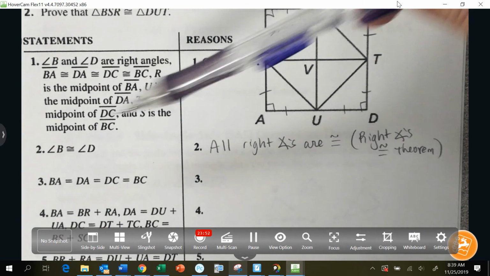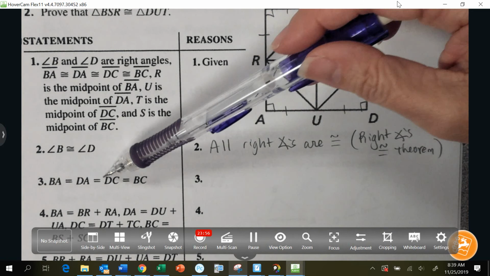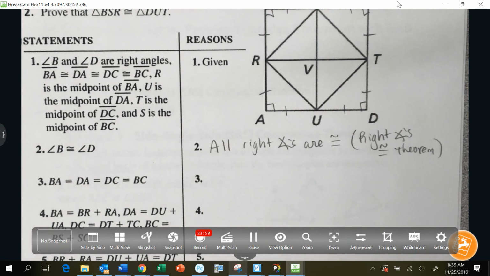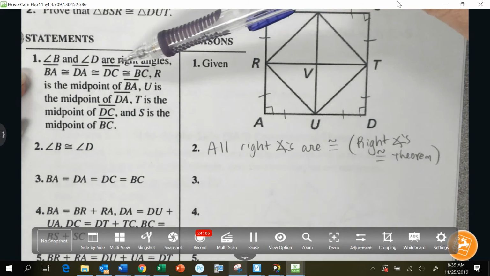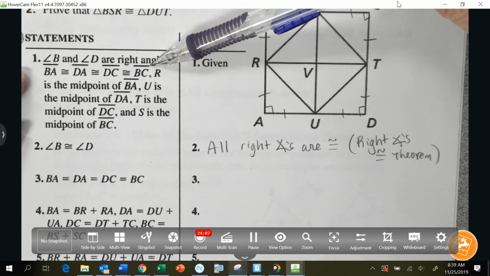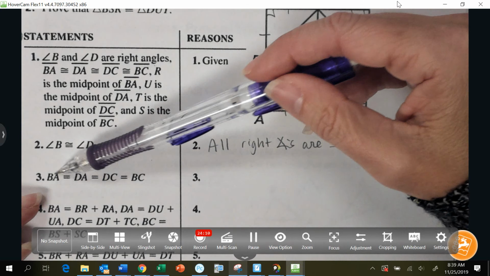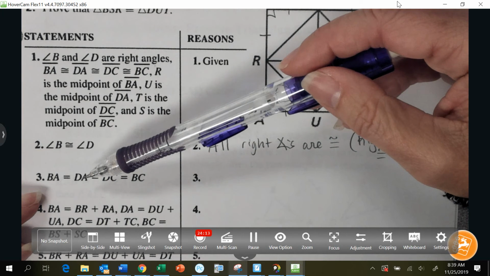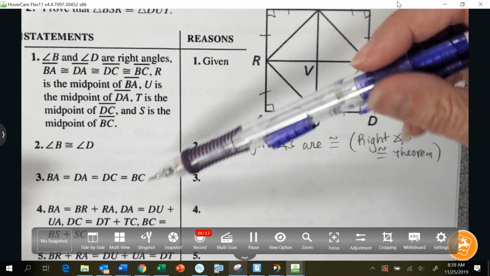All right, BA is equal to DA is equal to DC is equal to BC. Up here in the given section, it says BA is congruent to DA is congruent to DC is congruent to BC. But down here it says, without a segment above it, BA equal DA equal DC equal BC. What's it mean if there's not a segment above it?